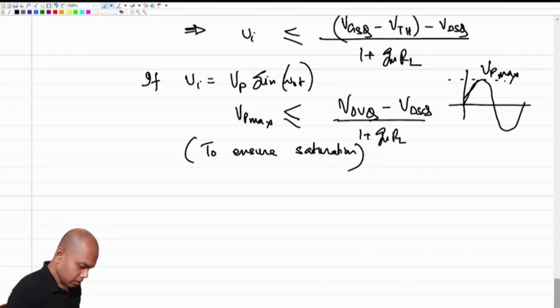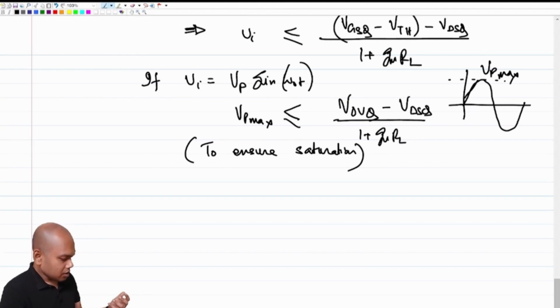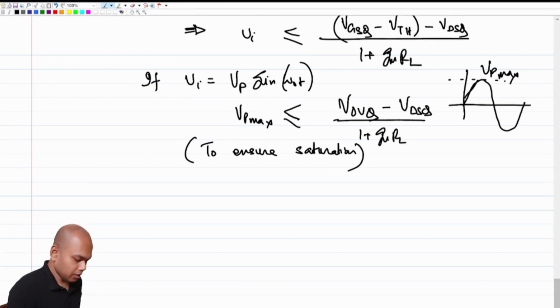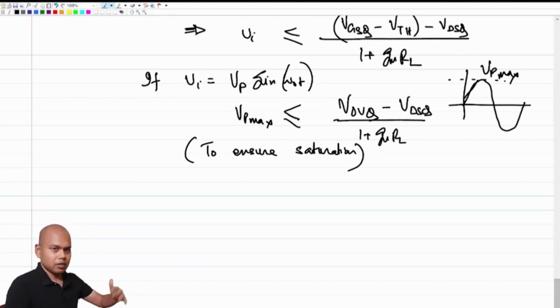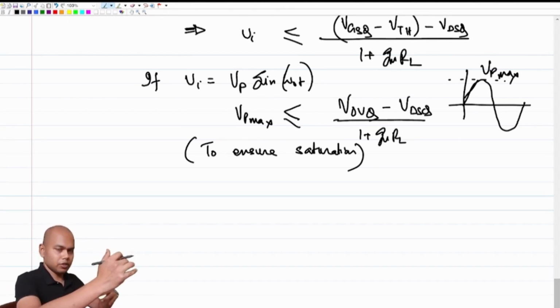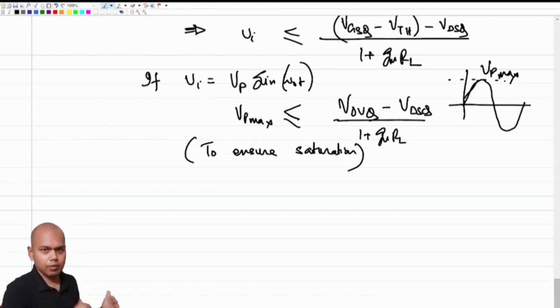Naturally, what happens in the negative cycle? We have talked about this. In the negative cycle, going out of saturation is no longer a problem, because the gate voltage is going down, drain voltage is going up, so the transistor is comfortably in saturation.